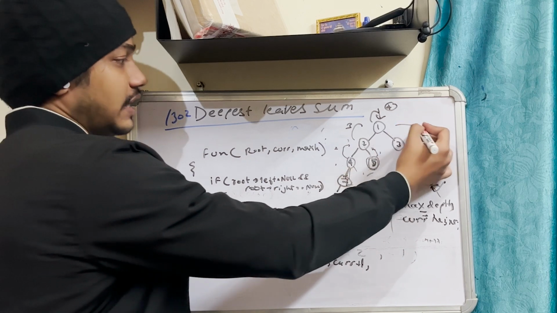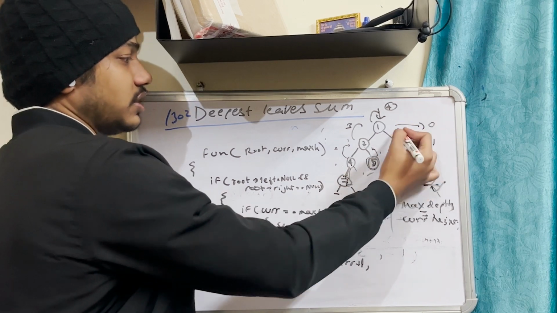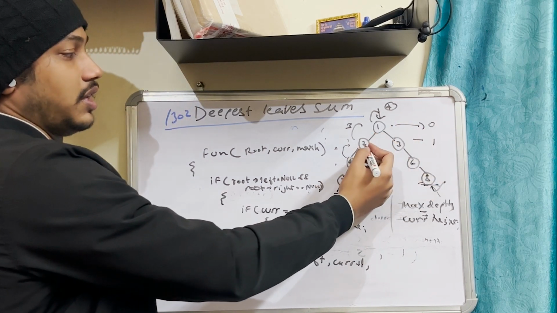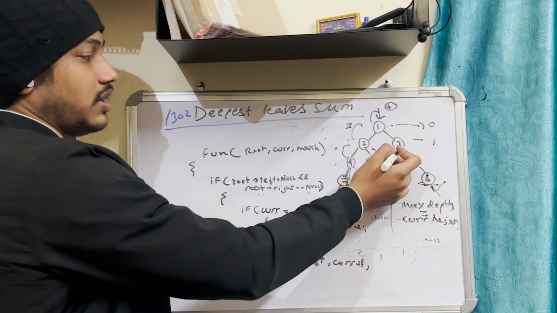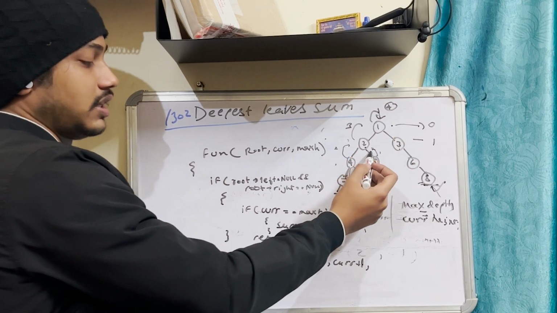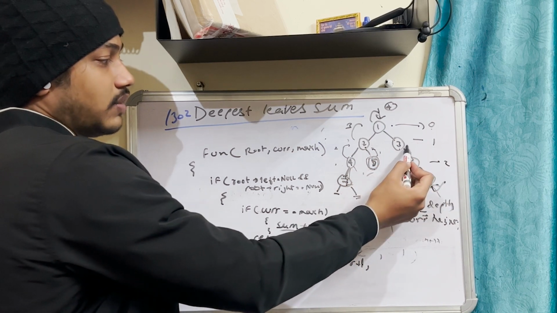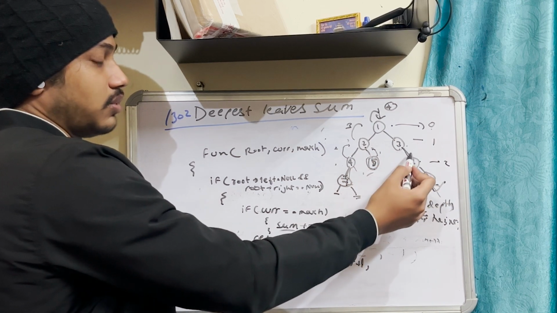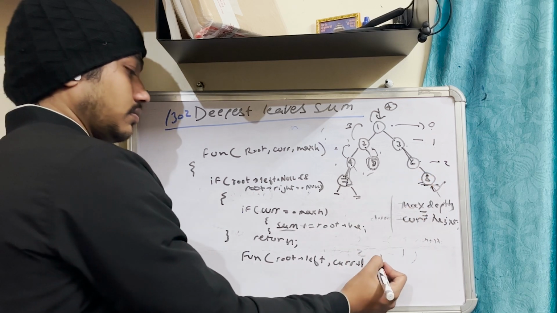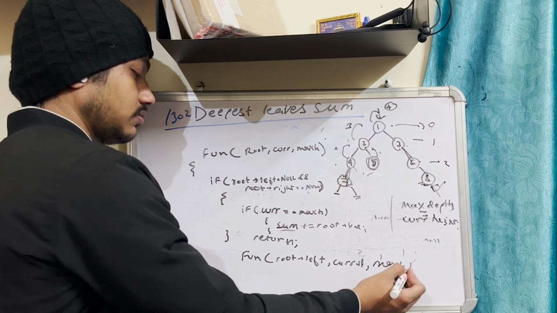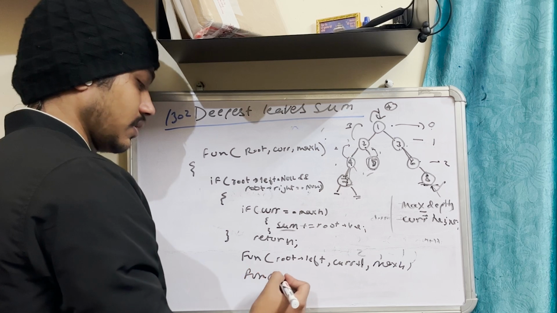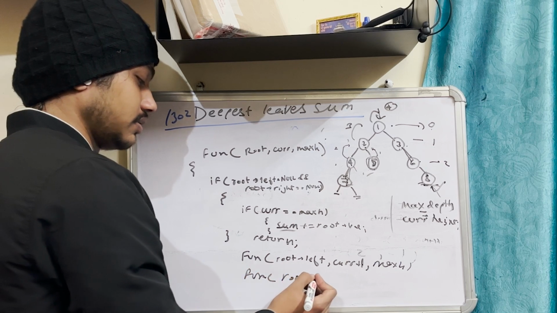Like if you are standing at the 0 position and go to the next level, you increase it from 0 to 1, and going from 1 to the second level, you add 1 more. Simply you will do the same for the right.